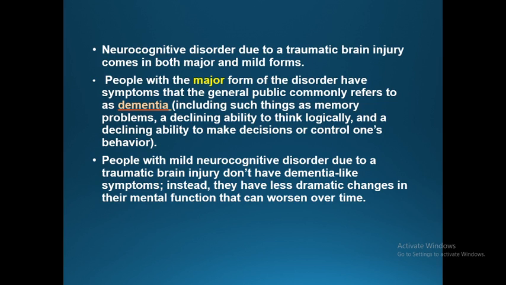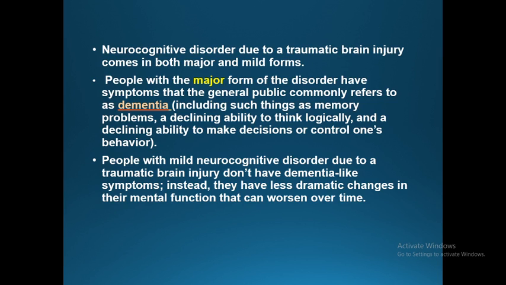So there are mainly two forms, major and mild. In the case of major, they have symptoms like dementia, memory problems, problems with logical thinking, and declining ability to make decisions or to control behavior.